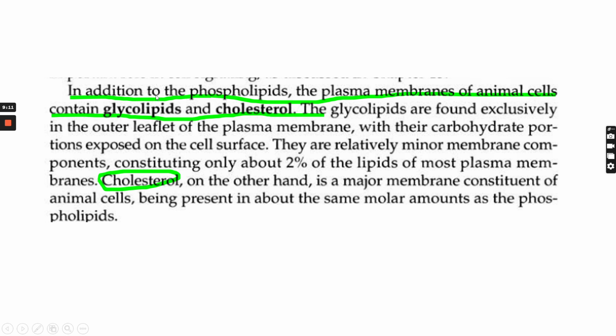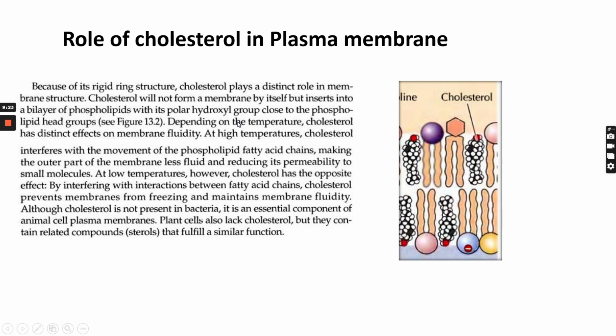Other than phospholipids, the other major important components are glycolipids and cholesterol. Now, what is the role of glycolipids? Glycolipids are mainly involved in the binding of peripheral membrane proteins and in signaling mechanisms. And the role of cholesterol is very important. In animal cells you will find cholesterol, but in plant cells there is no cholesterol.